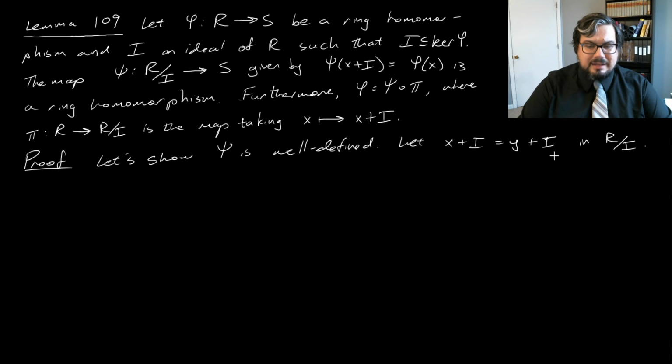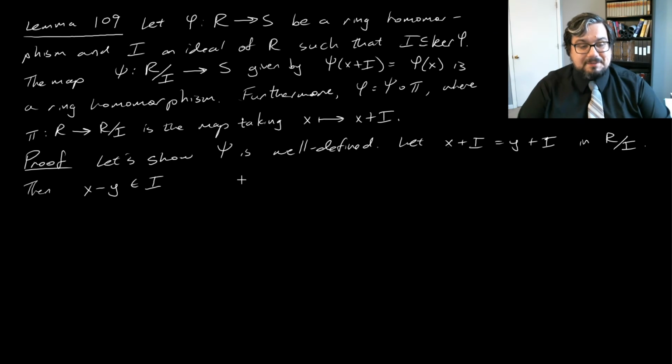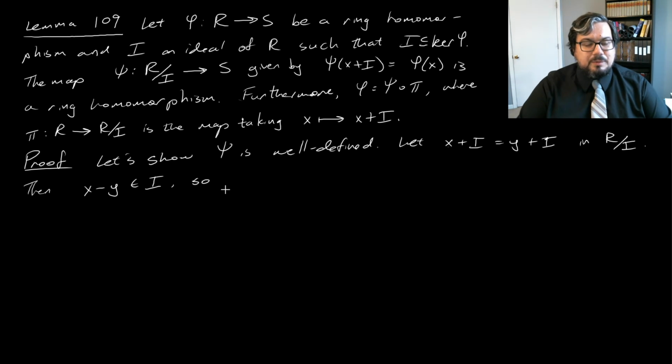So let's see, what does this mean? If x plus I equals y plus I, then that means that x minus y belongs to I. That's what it means for two cosets of I to be equal to each other. But we know that I is a subset of the kernel of phi. That was the whole point. The one condition we had on I is that it was a subset of the kernel of phi.